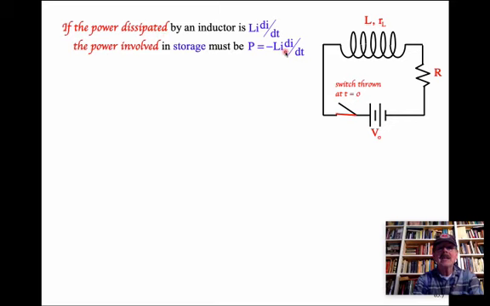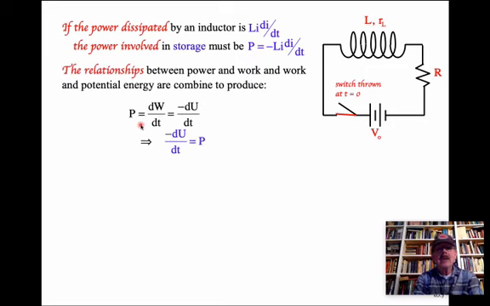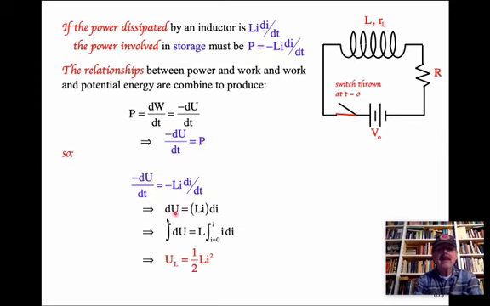If you additionally notice that the power is the change in work with time, which is minus the change in the potential energy of the system with time, and you combine this and that, take this little gem and stick it in there and fuss with the math, lo and behold, you get this relationship for the potential energy of a current carrying inductor.